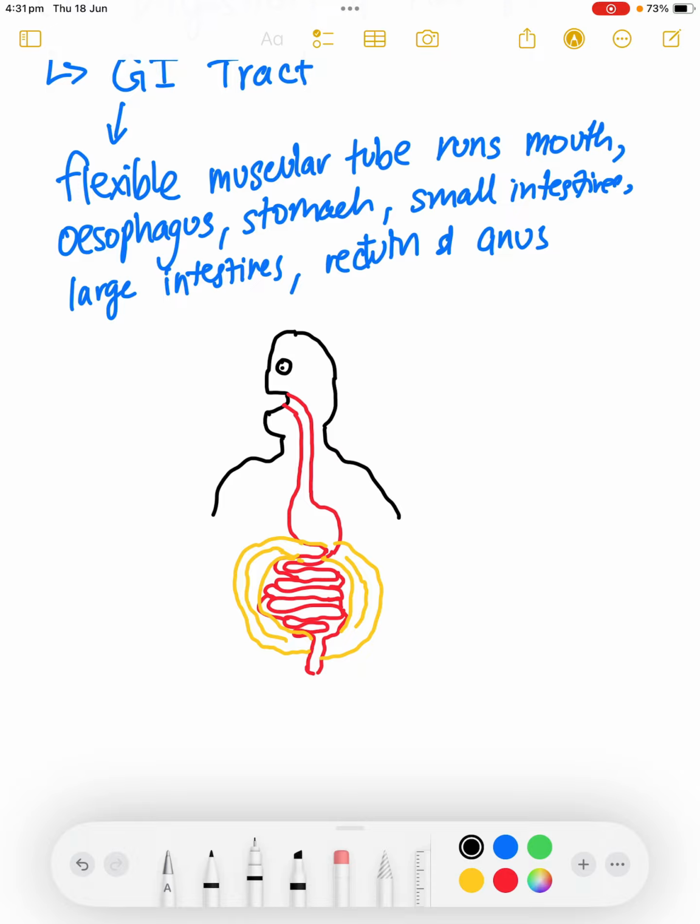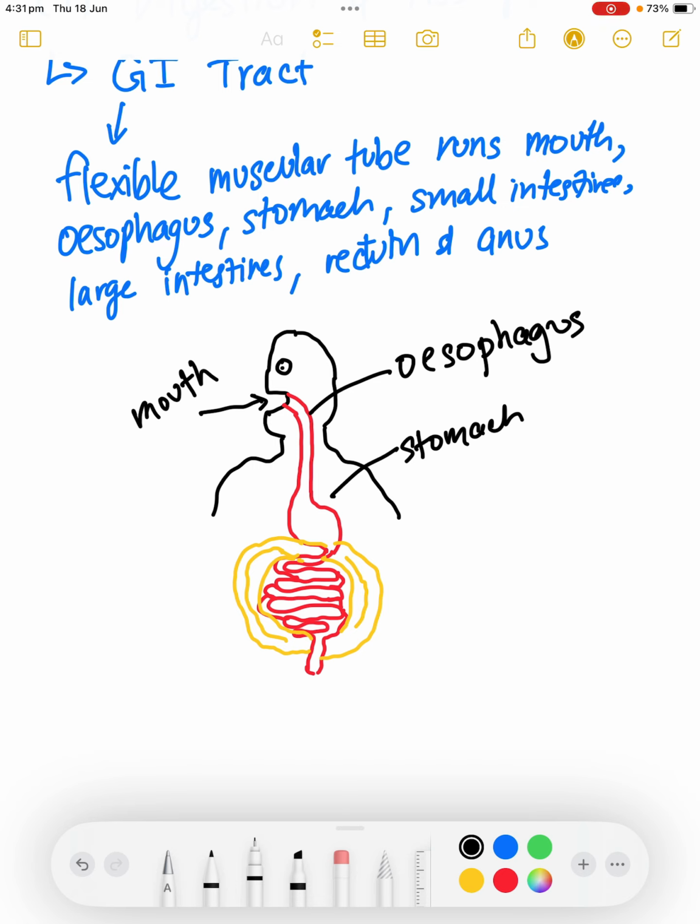So here we do have a few things. That's the esophagus. This here is the mouth. This here is the stomach.